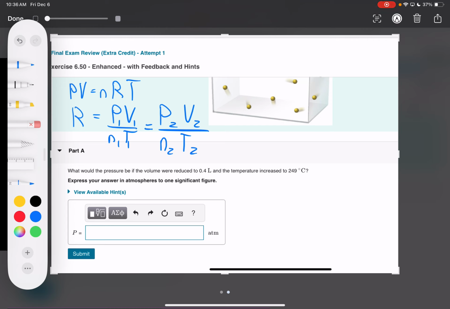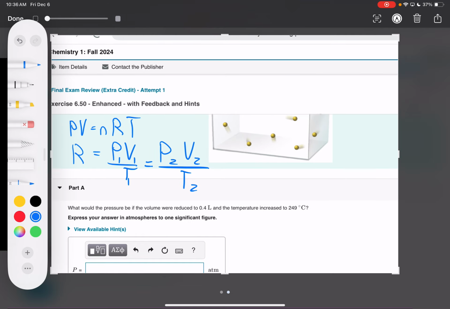So the number of moles didn't change. The volume was changing and the temperature was changing, and then that had an effect on the pressure. So I'm just gonna remove n from this equation. And now at this point, I just need to make sure that I put everything in the right place and that I change the units.